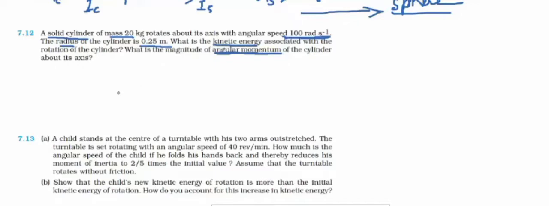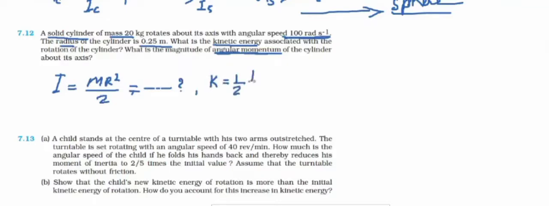It is a solid cylinder, so the moment of inertia formula is I is equal to mr square by 2. Both m and r are given in the question so that you can find the value of I. Then after getting the value of I, kinetic energy is rotational kinetic energy, half I omega square.